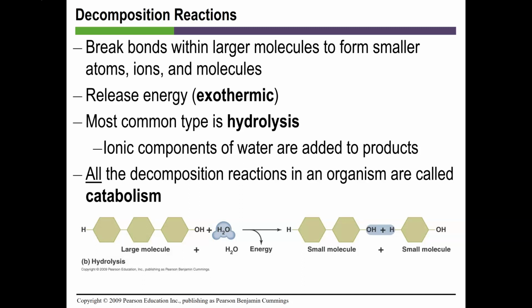We have the larger molecules with these subunits linked together, and they require water to be split in order to do this work. Energy will be released in this reaction. You can see that the split water is used to replace the hydroxyl, the OH, and the hydrogen on the subunits so that they can exist independently and satisfy all those rules of valence electrons.